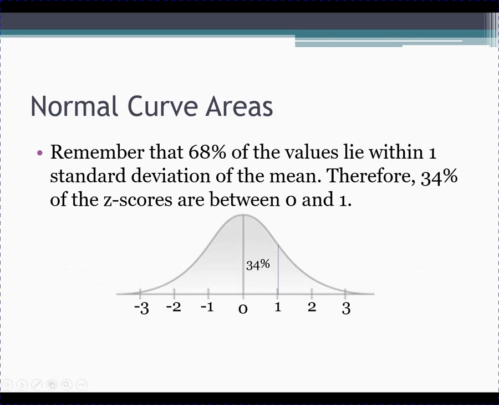So we use this bell curve to look at different z-scores. So 68% lie within one standard deviation, from -1 to 1, which means we can split that and say 34% lie between 0 and 1, just to get a better understanding of this curve.